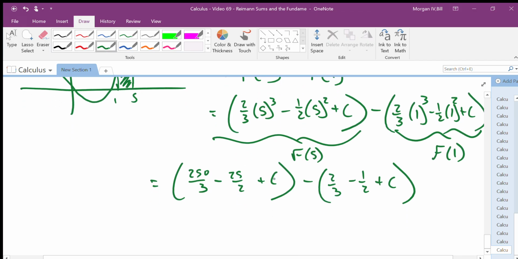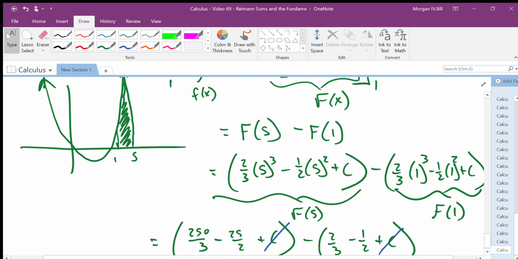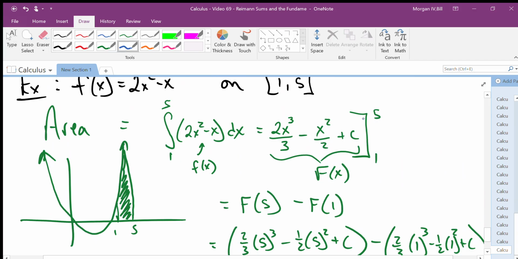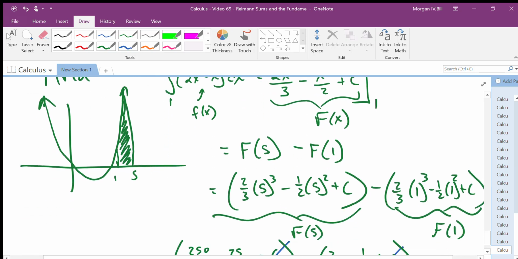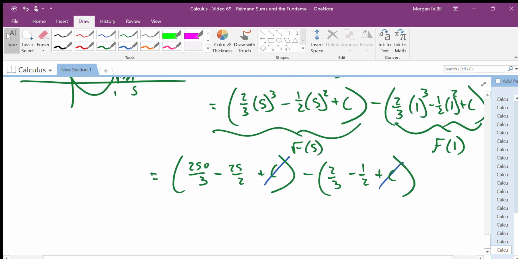I have a c minus a c. That will cancel out. That's always going to happen, those constants will cancel out. So when we find the area under the curve, we never even write the c because we know that constant will cancel out. So from now on, you will see me not writing the c when I'm doing area under the curve, when I have bounds on my integrals. I'm not going to write those anymore.